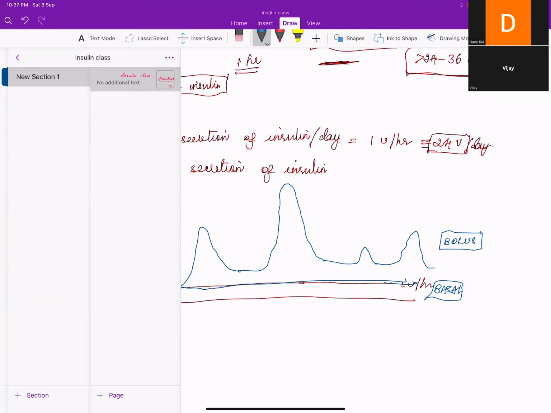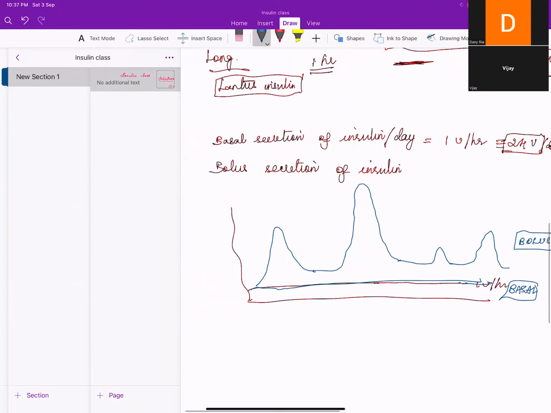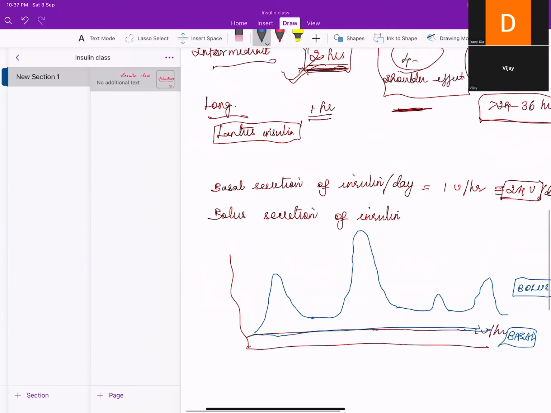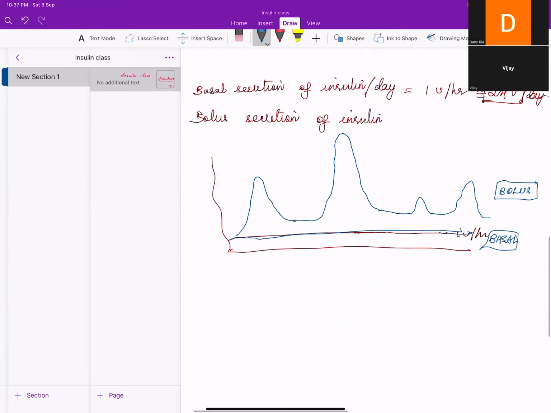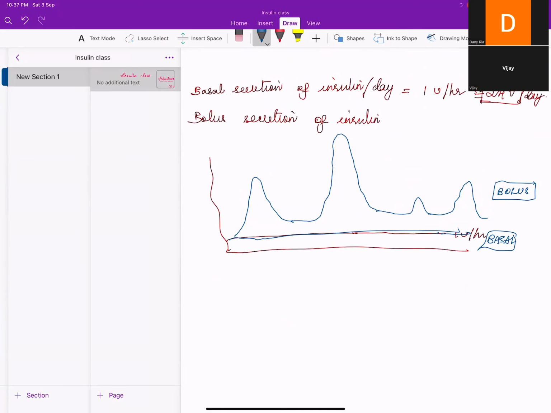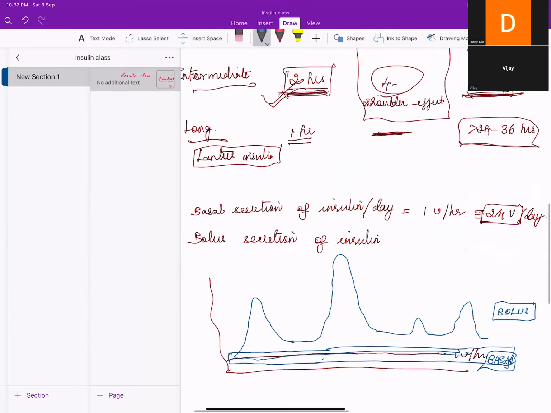So understood the terms basal and bolus. This is produced by the body itself. This is normal physiology in the body. Why I am telling this is, in basal secretion, you can very well see there is no peak. It is continuously produced. It's secreting for 24 hours. So which insulin among all the ones I have mentioned mimics the basal secretion of insulin?